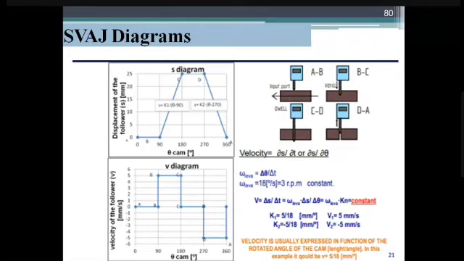From 0 to 90 degrees there is no displacement, so the velocity is also zero. From 0 to B, it is a continuous straight line. And what about the second stage, from 90 degrees to 180 degrees? The follower traverses in a straight line, so the velocity value is plus 5.